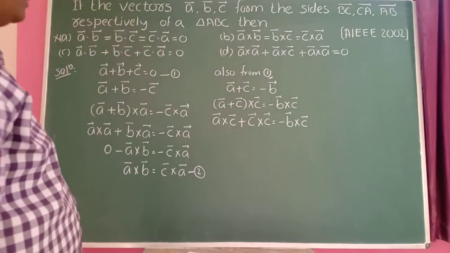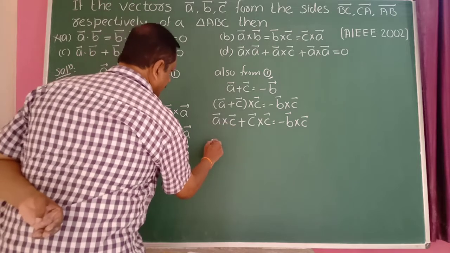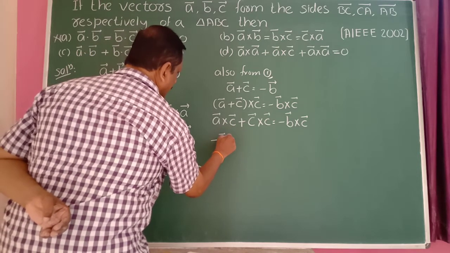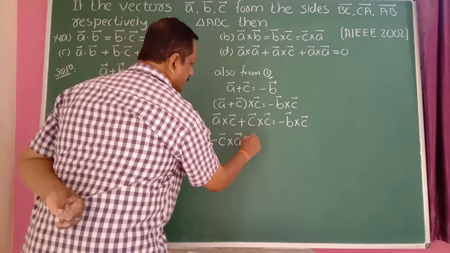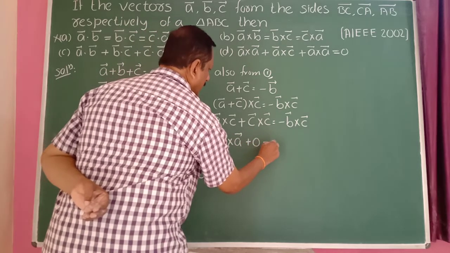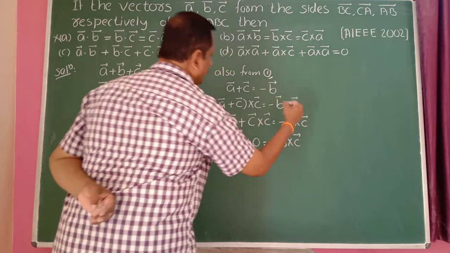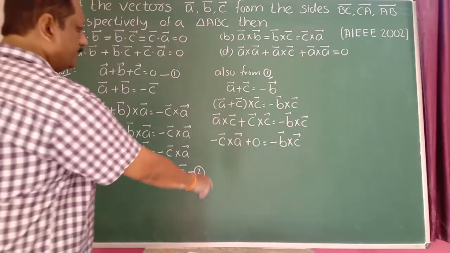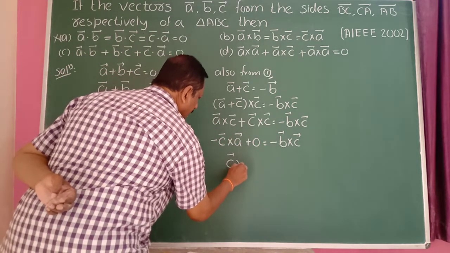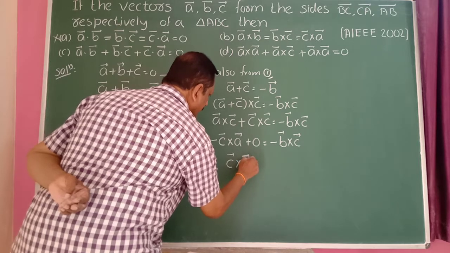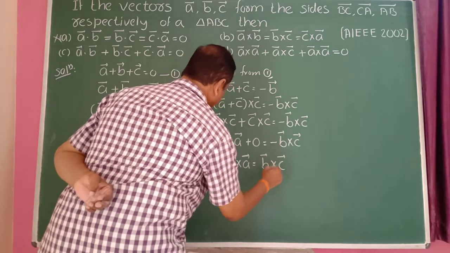Then A bar cross C bar can be written as minus of C bar cross A bar here, and C bar cross C bar becomes a 0 here, equal to minus of B bar cross C bar here. So left side minus and right hand side minus becomes plus here. Hence C bar cross A bar is equal to B bar cross C bar here.